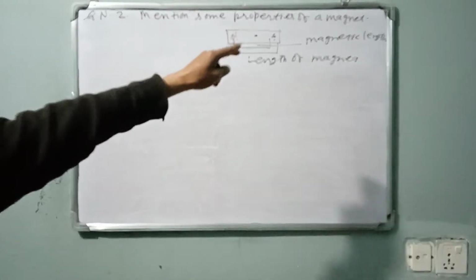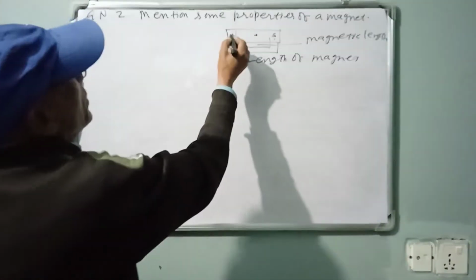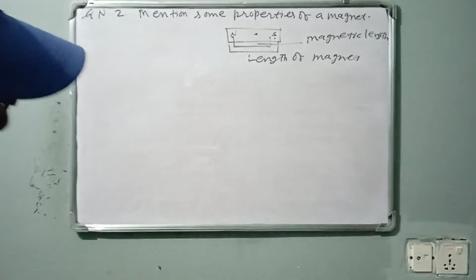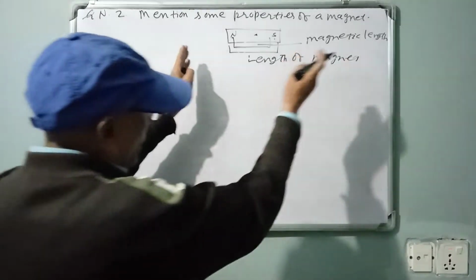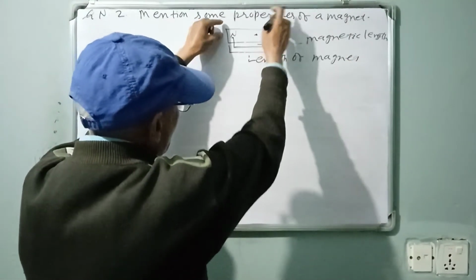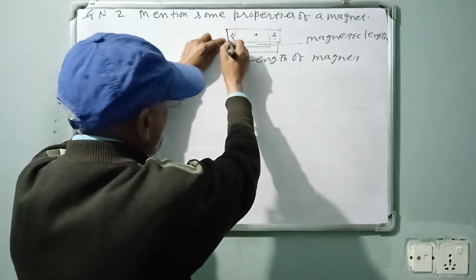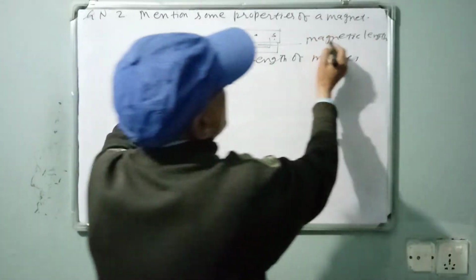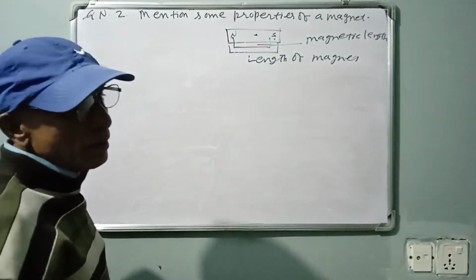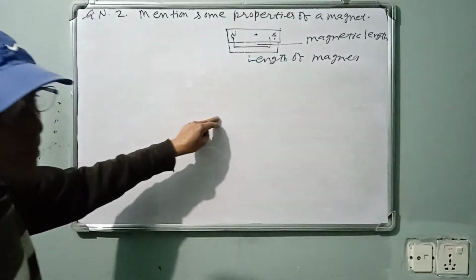Length of a magnet is longer, and magnetic length is the distance between the North Pole and the South Pole. Length of a magnet means the whole, total length, but magnetic length is about 85% of the length of a magnet.